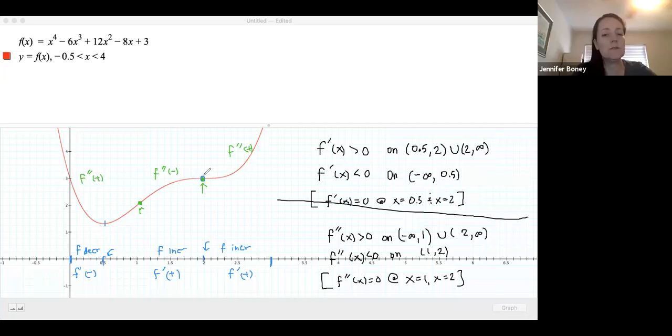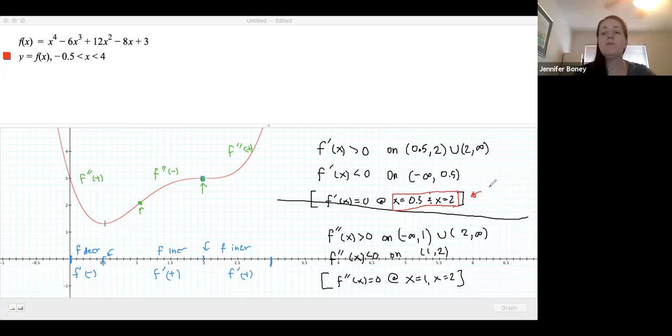I will go through one where we find the critical values, but that's what we have here. We have critical values at x equals 0.5 and x equals 2. Those are the only two, if I'm looking to find maximum and minimum values, locally high and low points in a graph.